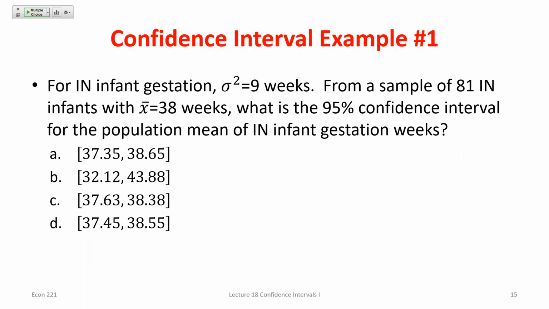I have to rule that out. But it looks like 38 is exactly in the middle of all of them, so I can't rule anything out here, but maybe in some future problems I can. Any questions on anything I did here?